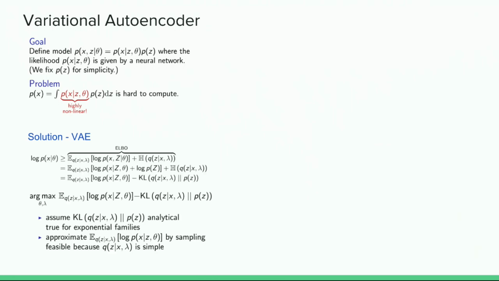So in VAE, the goal becomes to maximize the evidence lower bound. The VAE model has two components: a generative network, which tries to reconstruct the observed data from the latent variable, and the inference network, which tries to encode data into latent variables. So we have two parameters, theta and lambda, and theta is for reconstruction, and lambda is for inference.